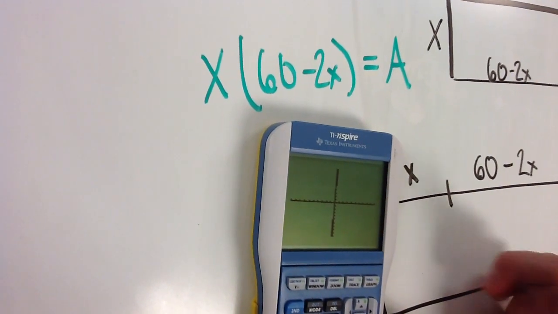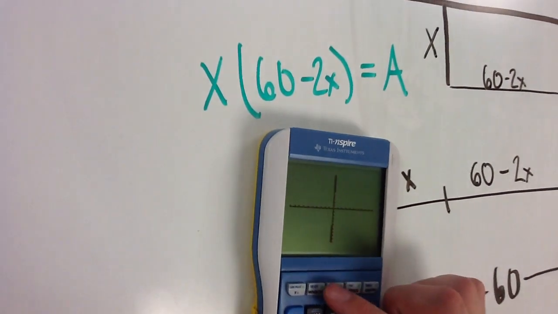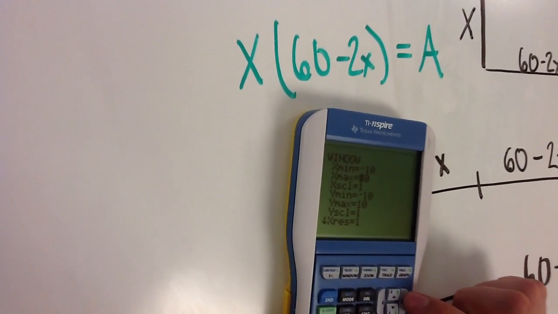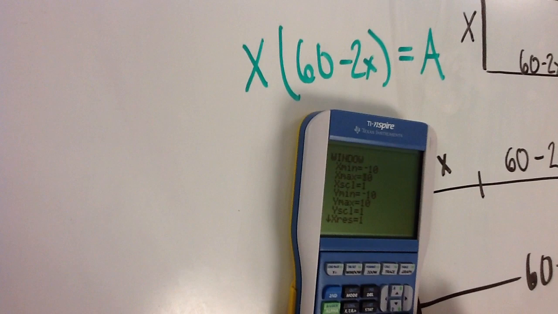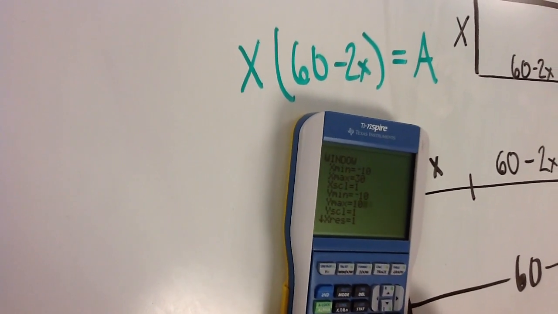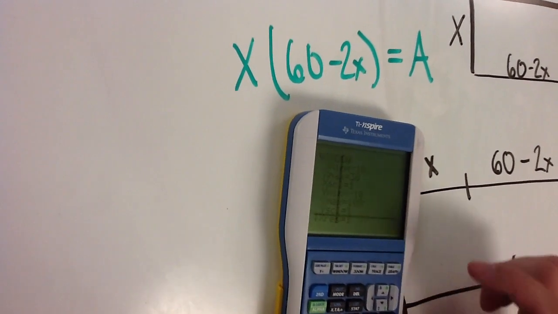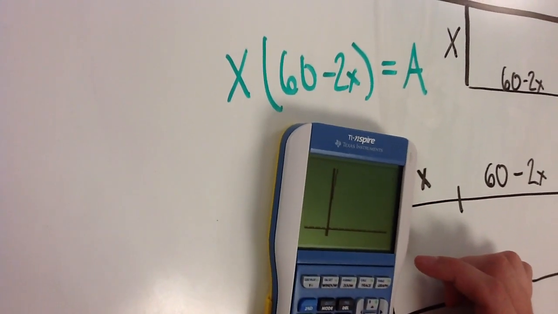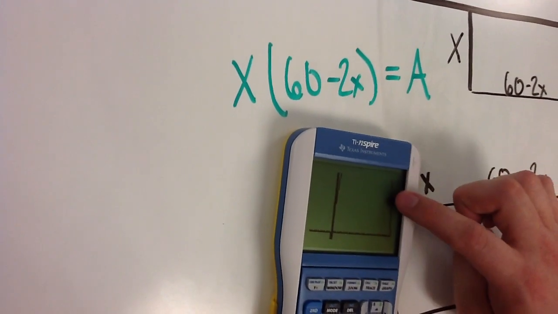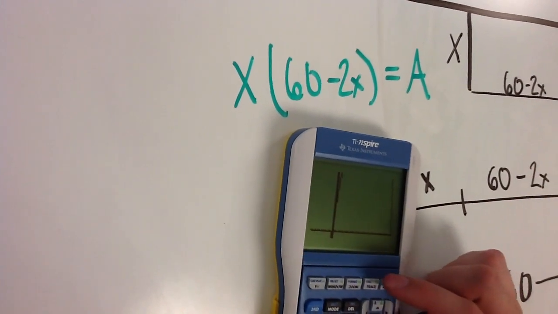Obviously I can't see it, so the first thing that comes to my mind is I need to change my window. So if I take my window here and I move my x max, let's say 30, and I make my y max maybe 100, and I graph this, hopefully I'll be able to see my parabola. Now, as you can tell, my x values are really good, but my y values are not even close.